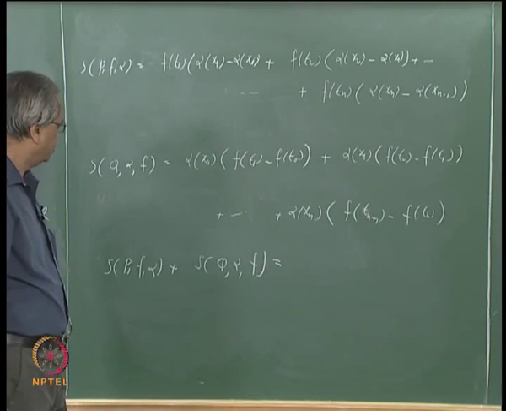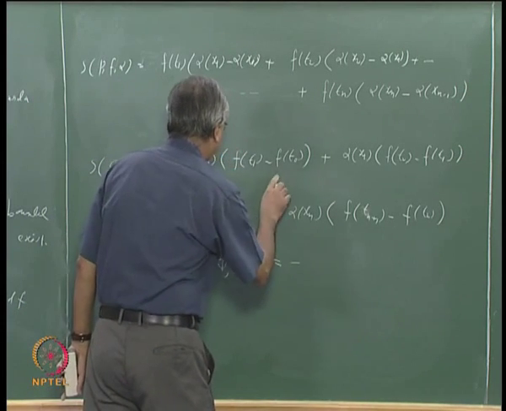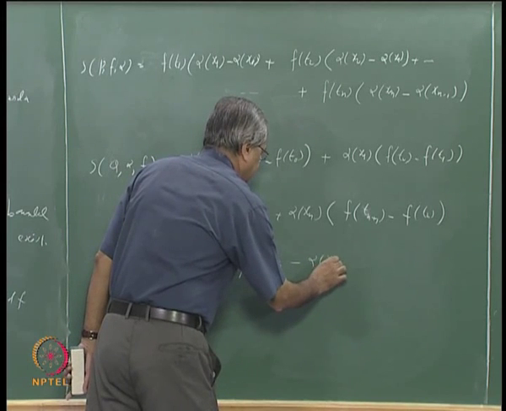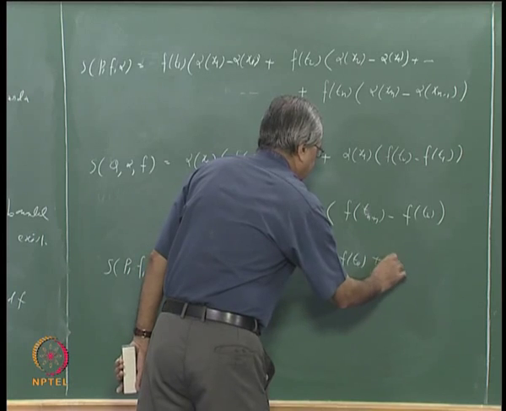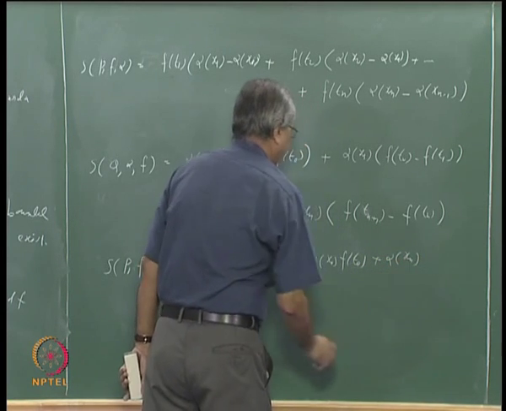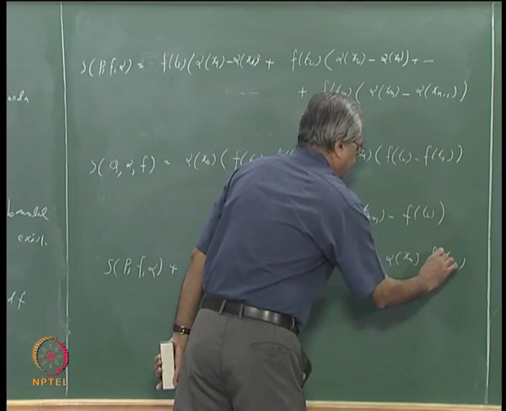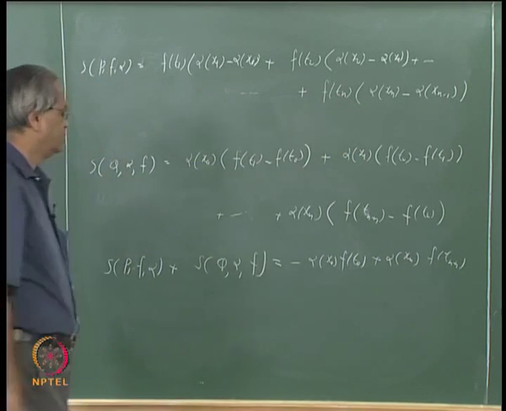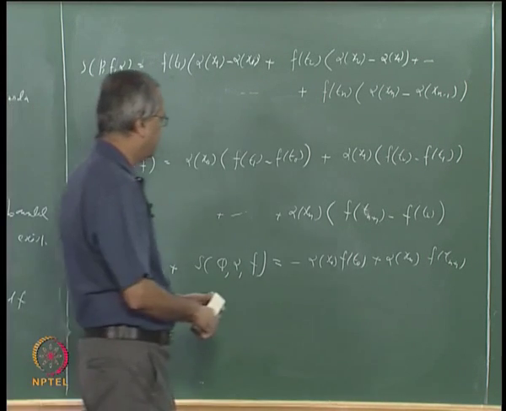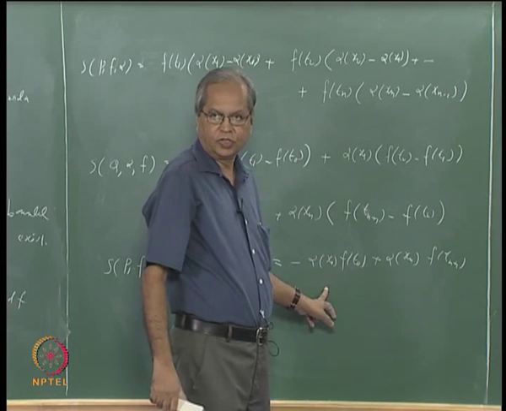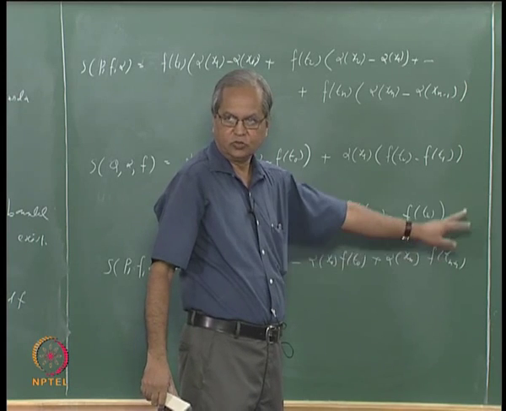So if you take the sum, what remains is minus alpha x0 f t0, and then plus alpha xn f t(n+1). But remember that x0 and t0 both are a, xn is b and t(n+1) is also b, that is how we have chosen.